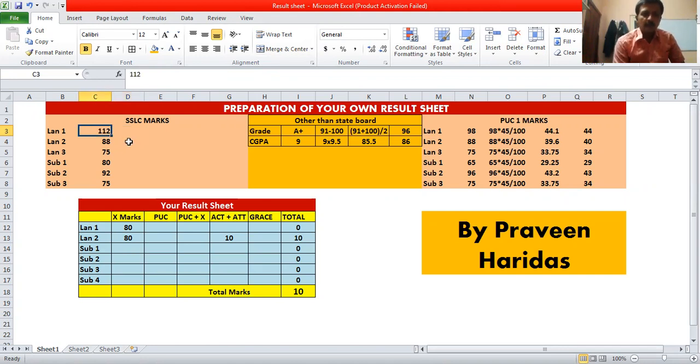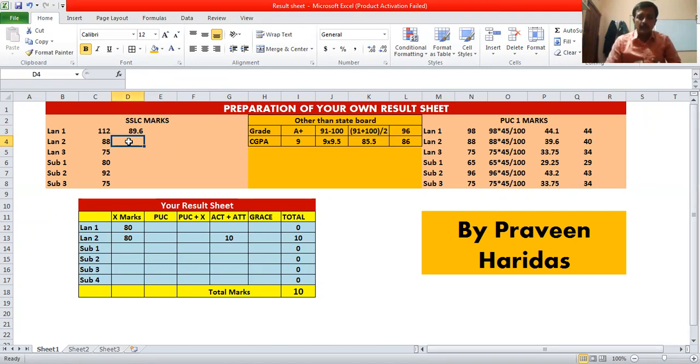If you look at your 10th standard mark sheet, the first language of your languages part will be for 125 marks. The first duty is to convert this into 100 marks by multiplying it by 100 and dividing it by 125.